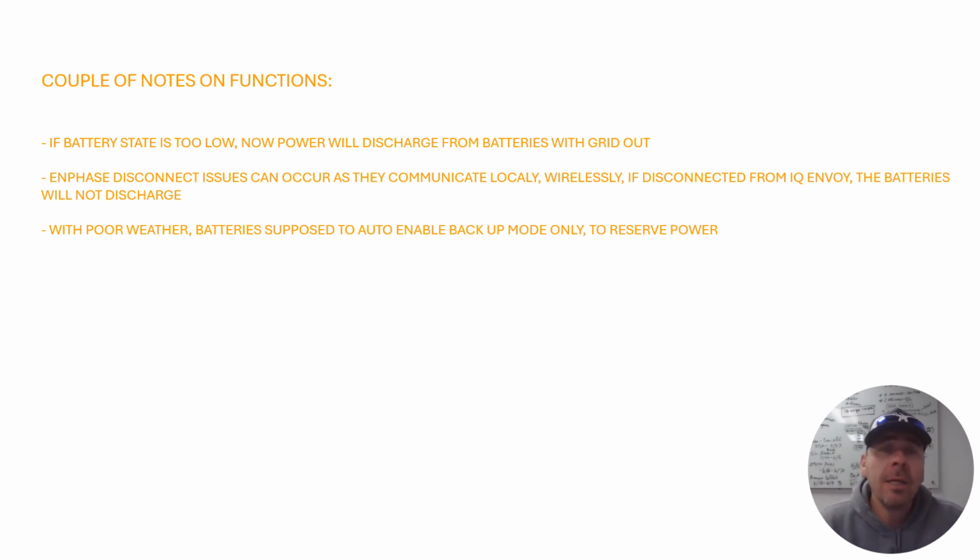Okay, disconnects. Disconnect issues can occur as the devices communicate locally, wirelessly, etc. If disconnected from an IQ Envoy, the batteries will not discharge. That's the same case with the Tesla, the NeoVolta, or Franklin, any battery system out there.